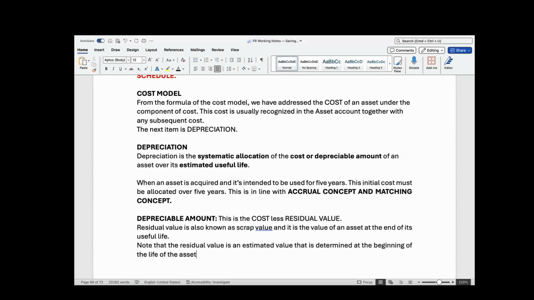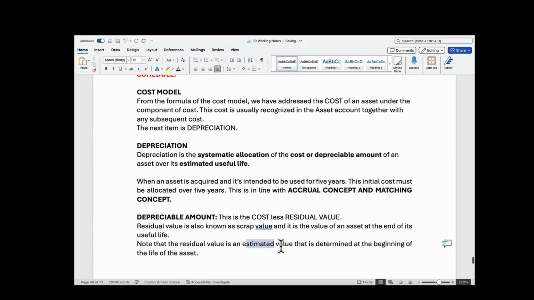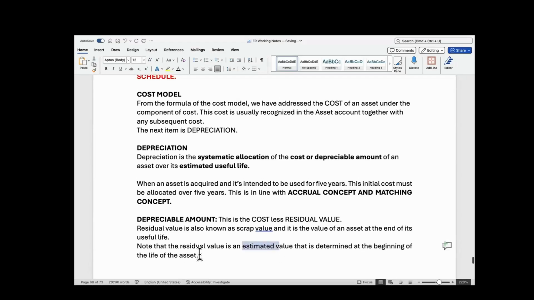There's no way we can know this with precision or have an exact amount. It is an estimated value. So don't be surprised if they tell you that after 2 years there was a change in residual value.